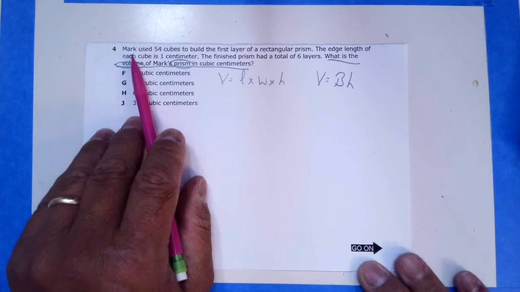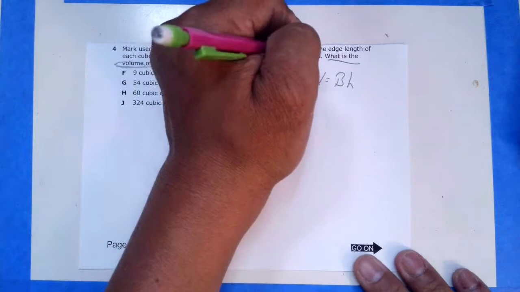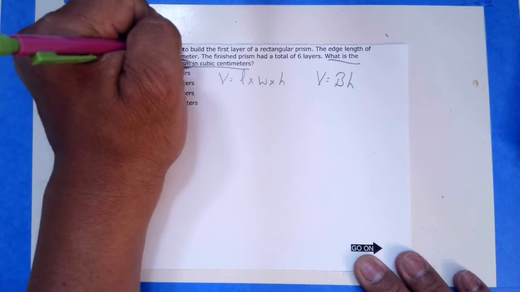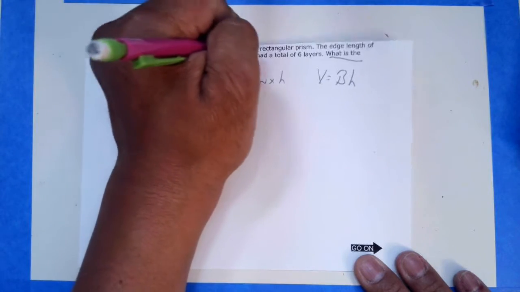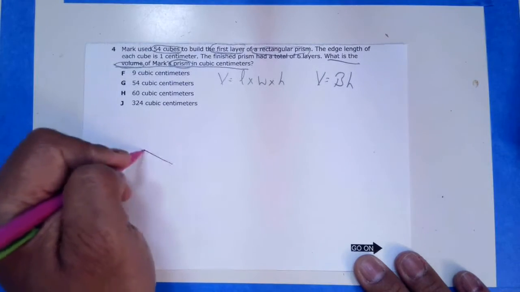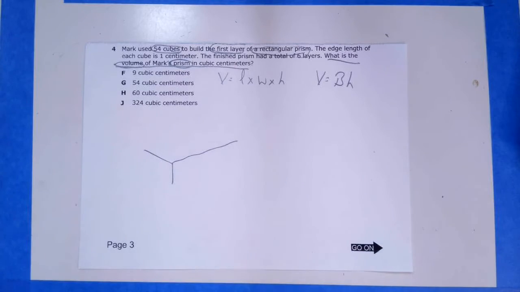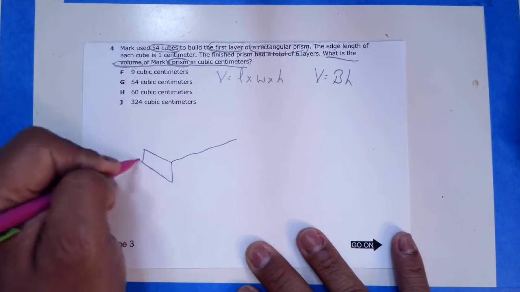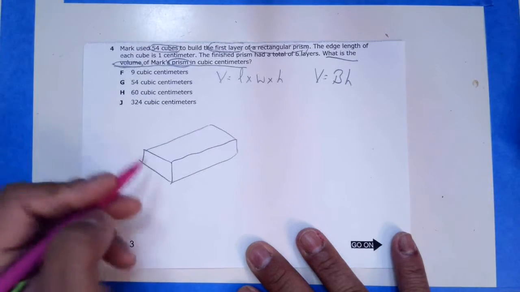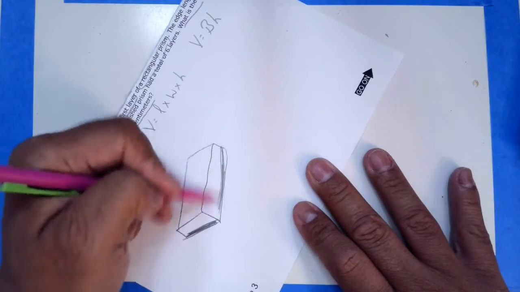Let's go back. Mark used 54 cubes to build the first layer of a rectangular prism. So, 54 cubes, first layer of a rectangular prism. So if I have a rectangular prism, something like this, my first layer down here, that's going to go all right here.